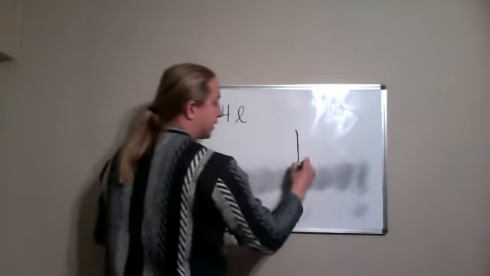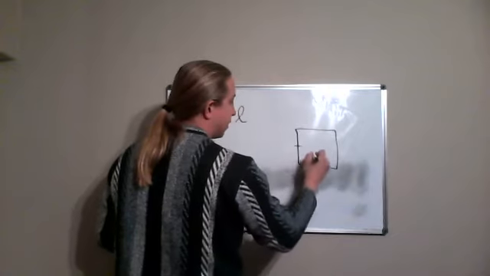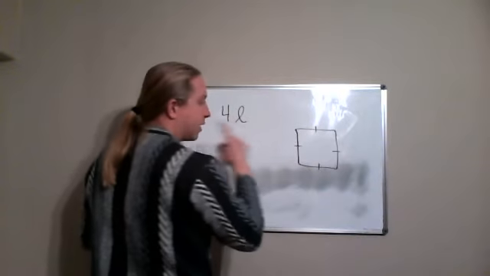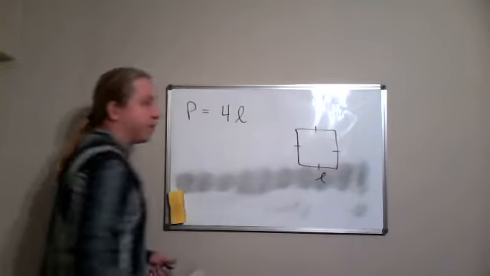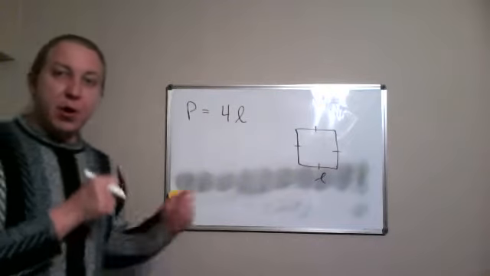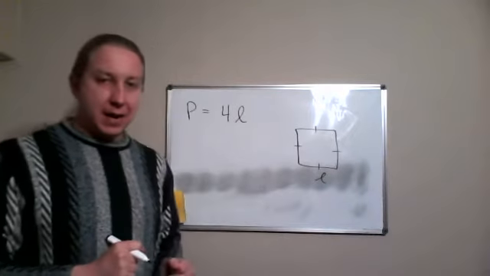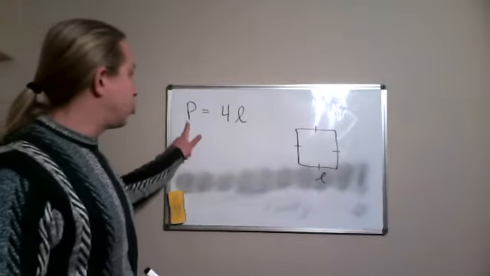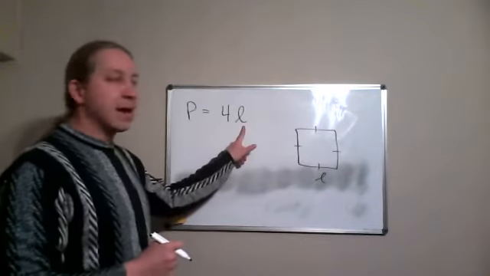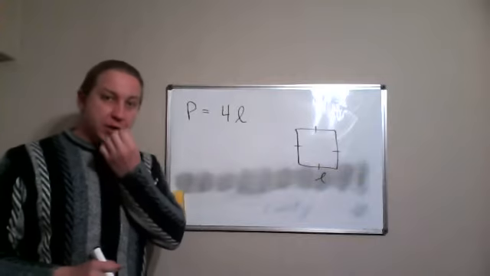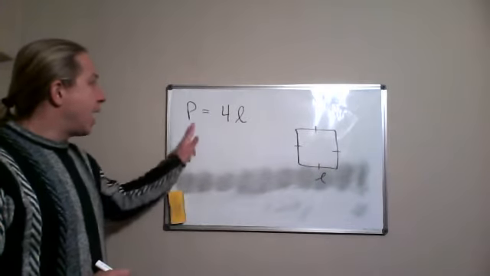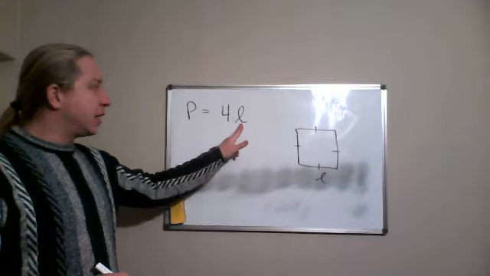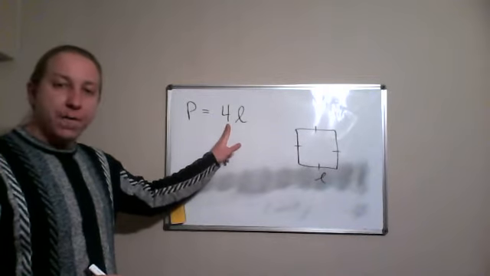Length is the size of one of these sides. Remember, all the sides of a square are the same. So if one of them is length, then the perimeter is 4 times that length. So this is an algebraic equation. It has two variables, perimeter and length, which can take on certain values. And 4 is in front of the length, which means it is a coefficient.